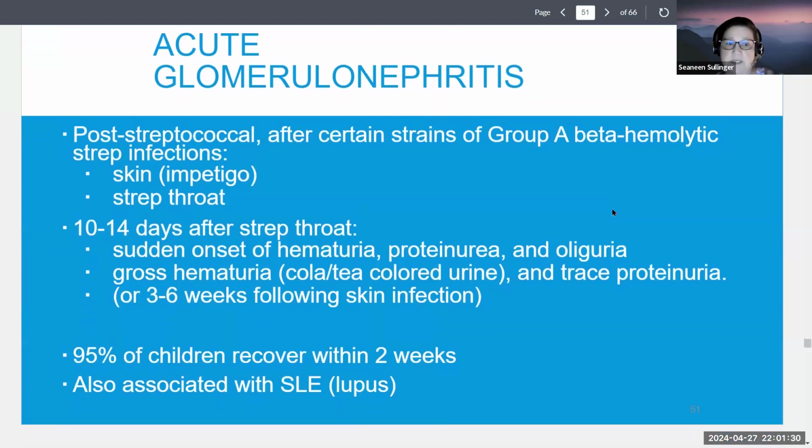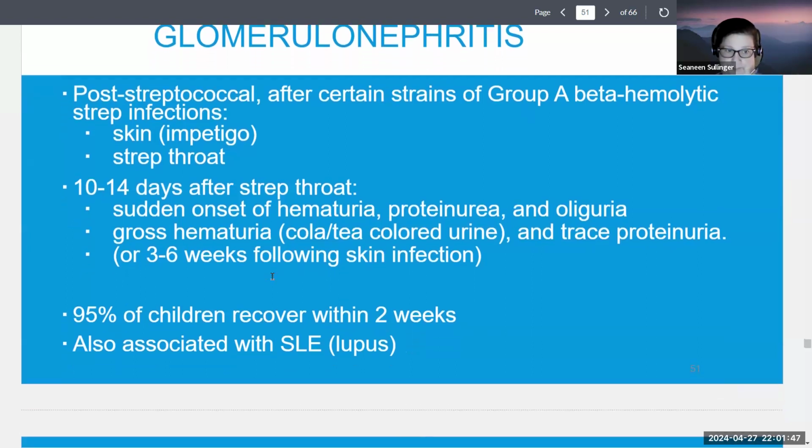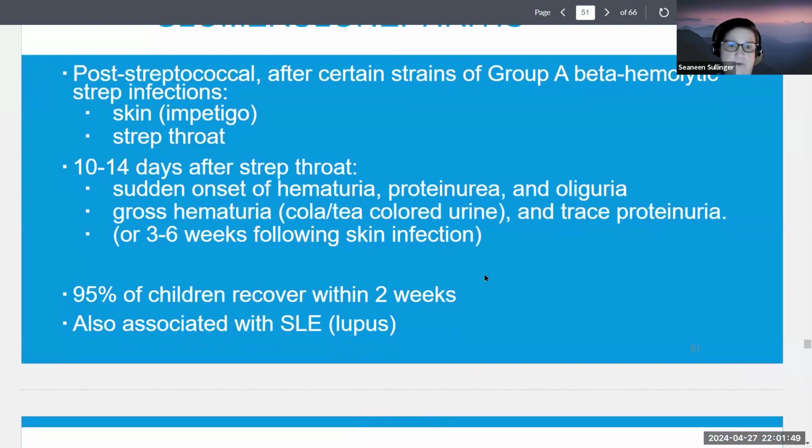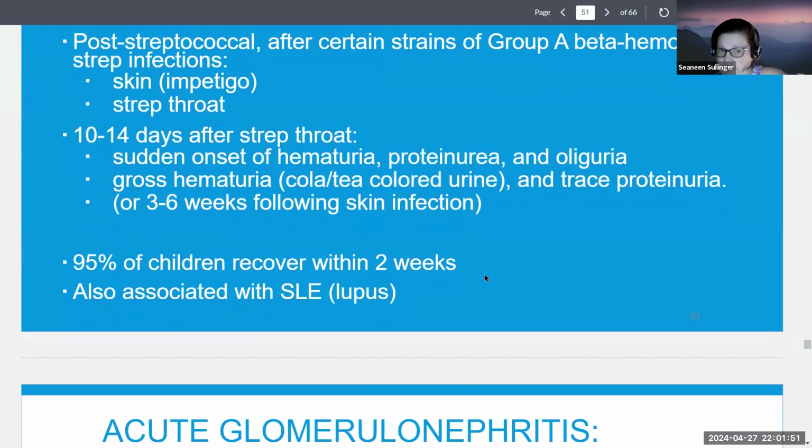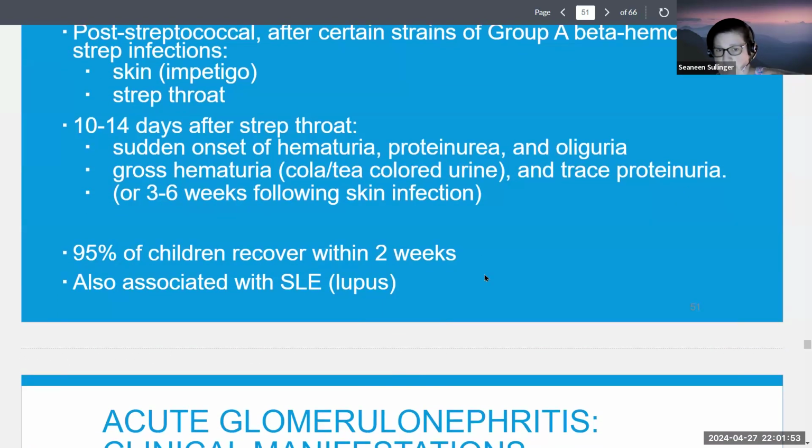You may even see gross hematuria, gross in terms of looking gross, as well as being a lot of blood in the urine. It's actually sort of a tea-colored urine. There is protein in the urine, not as much as nephrotic syndrome, but there is protein. Most children recover within 2 weeks. It can also be associated with systemic lupus.